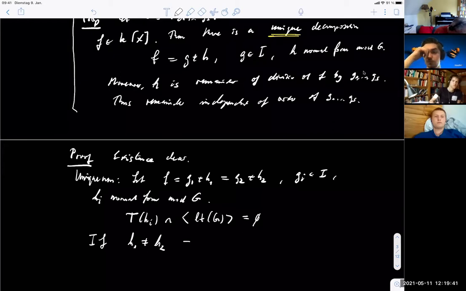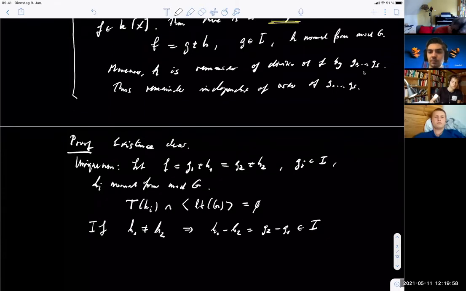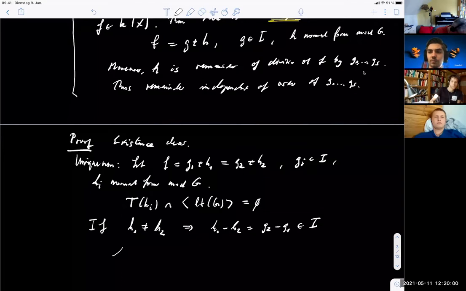So H1 minus H2 is G2 minus G1. This is in the ideal. So I have a non-zero element in the ideal, and I can look at its leading term, the leading term of H1 minus H2. Yeah, this is in the initial ideal.